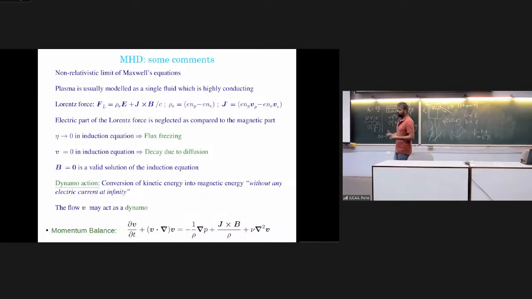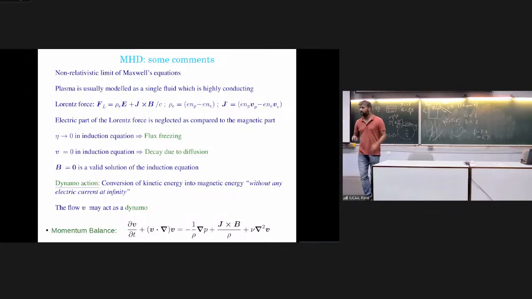And now if I talk about densities, then you replace Q by rho. Now if you take the ratio of the electric field part to the magnetic field part, you get a term which is V square by C square order. So you throw away the electric part in the Lorentz force. That means the charges do not feel any electric force. So the electric part of the force is neglected in MHD.